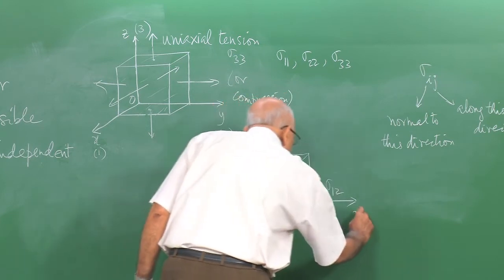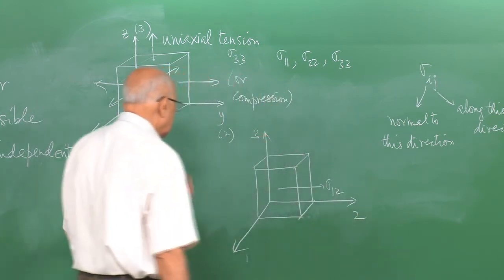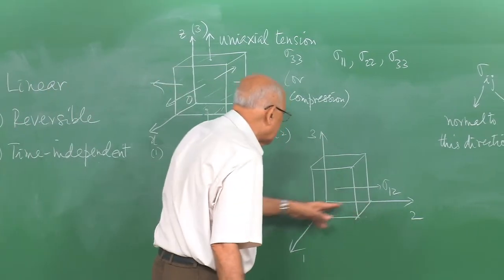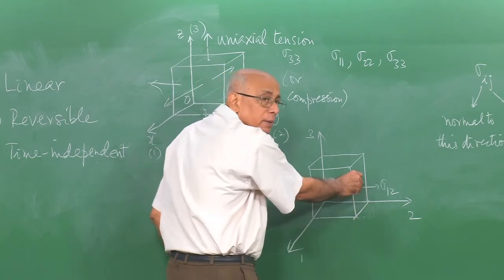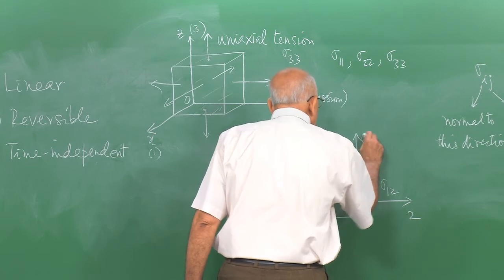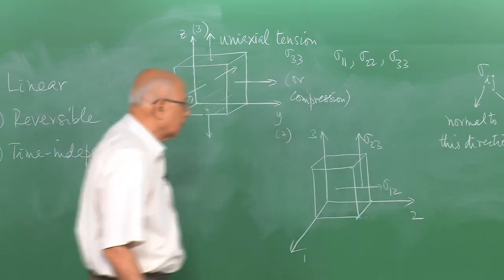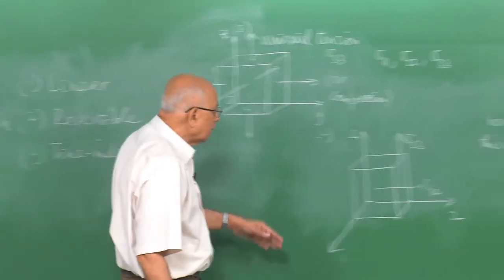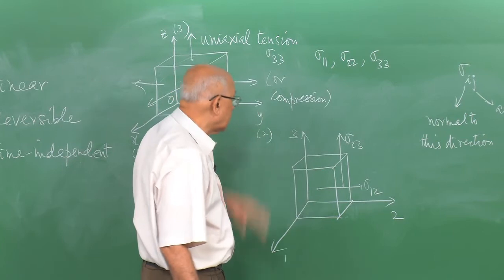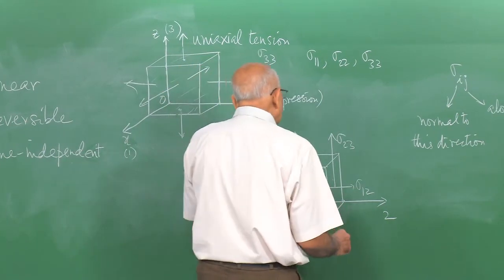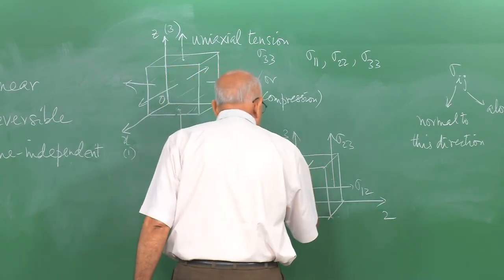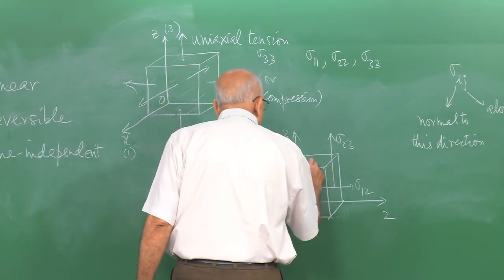Remember, there's a 1 direction, 2 direction and 3 direction. What about sigma 2 3? It's got to be normal to this direction, so it's on this face because the back face is fixed, and along the 3 direction, so it moves up like this, 2 3. And sigma 3 1 will be on the top face, normal to the 3 direction, parallel to the xy plane, and it should be 3 1, and therefore it should come out in this fashion. And this is sigma 3 1.